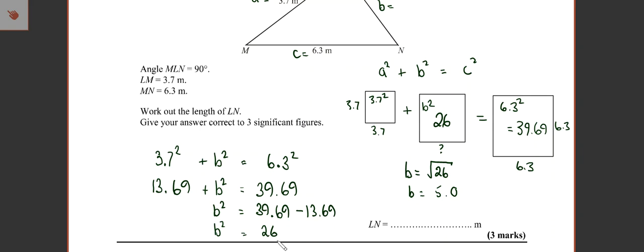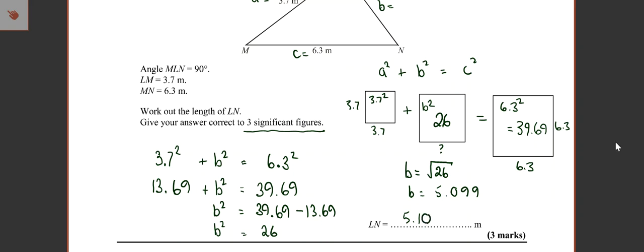That is 26, yeah. It's 5.099. Okay? That means if we have to round it to three significant figures, it would be 5.09, but this 9 would actually round us up. So it would actually be 5.1, but because it has to be three significant figures, we do actually have to put a 0 there.